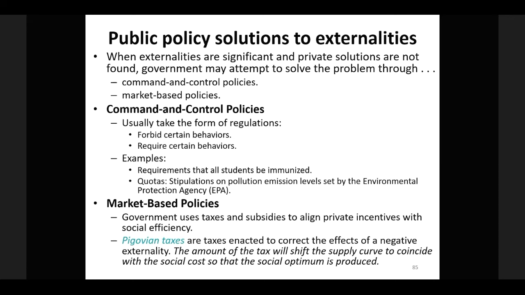I've explained to you already how that mechanism forces the supply curve to coincide with social costs so that once Pigouvian taxes are levied, you see the firm adjusting its production behavior to the socially optimal level, whereby externalities are internalized.